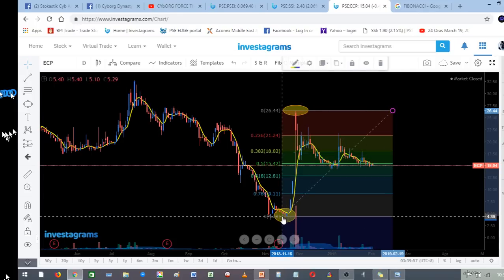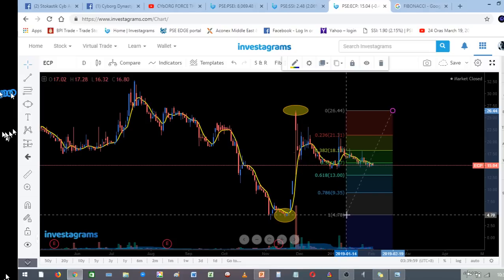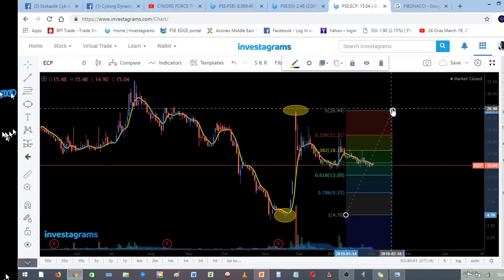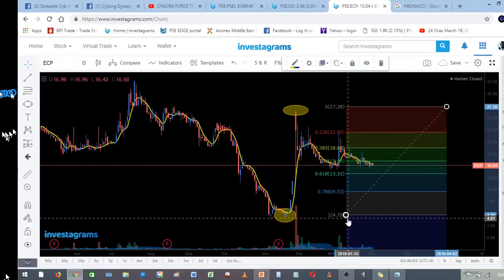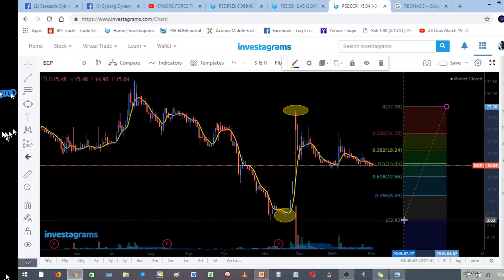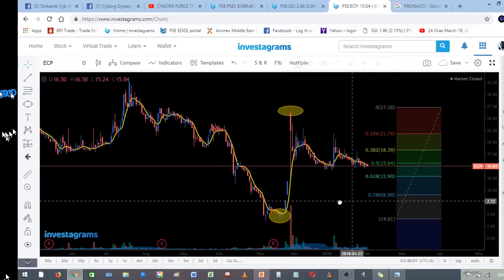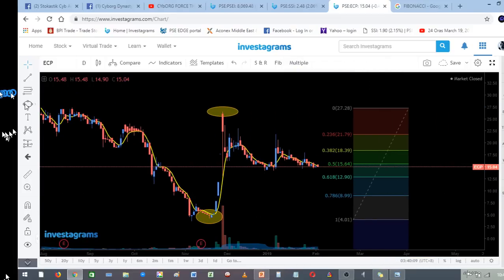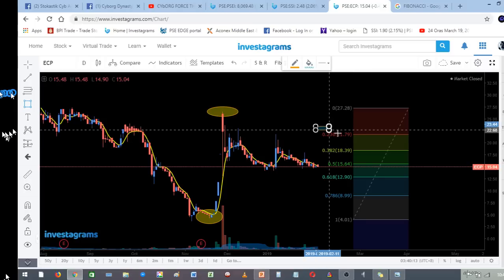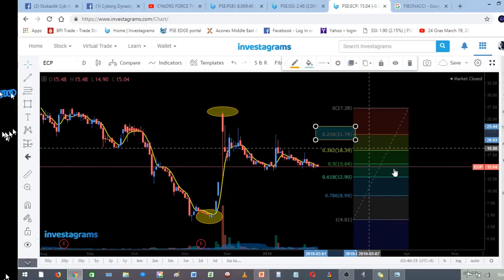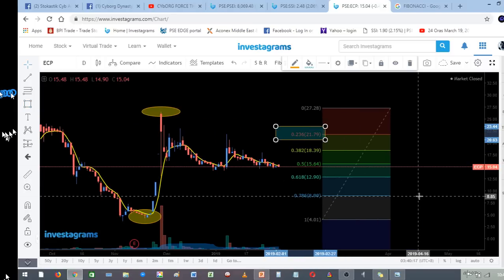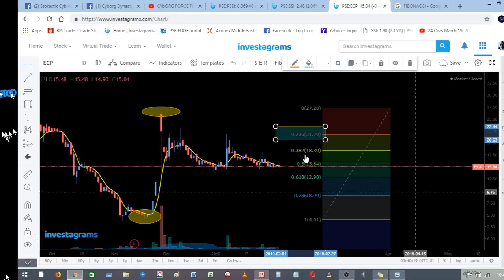So also to this one, to check the retracement levels, I have to adjust only to show you where the retracement levels are. So this one becomes now your retracement level. That's what we call the 23.6%.